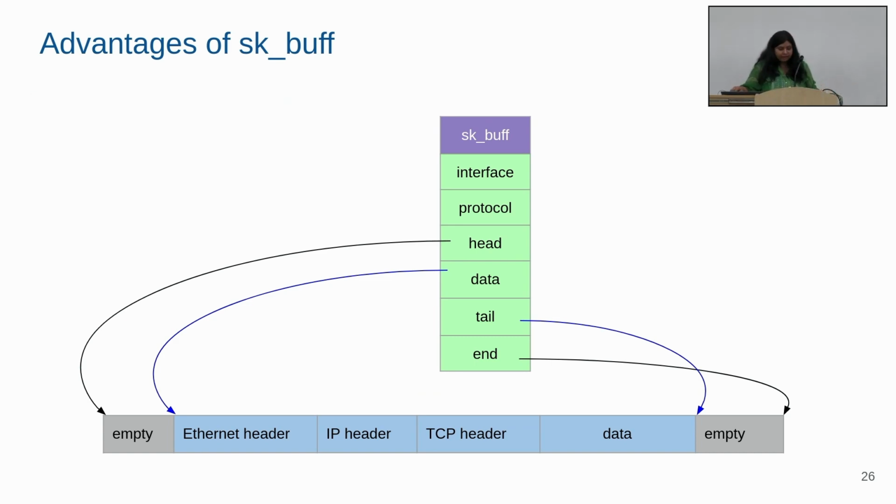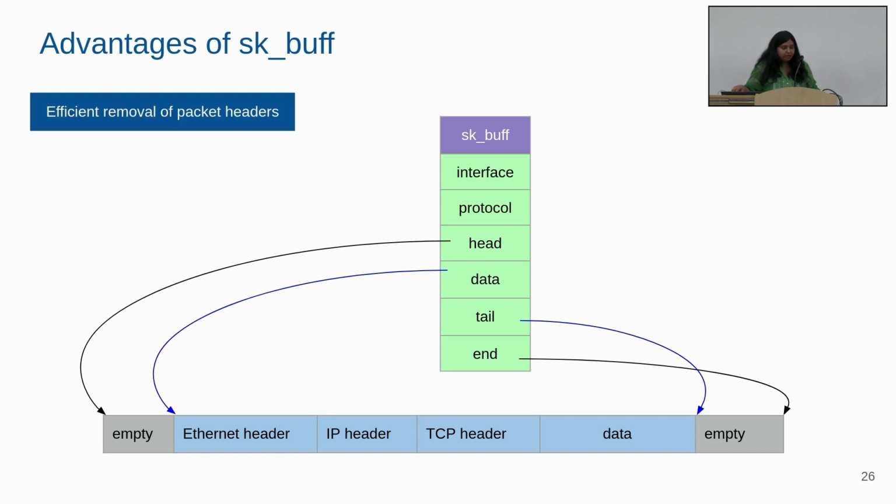Let's take a few advantage examples here. We are moving this packet from the driver up to the network layer. If we push it to the network layer, we would want to remove this Ethernet header. If I want to remove it, I'd have to copy this packet and copy just the IP header to the data part.